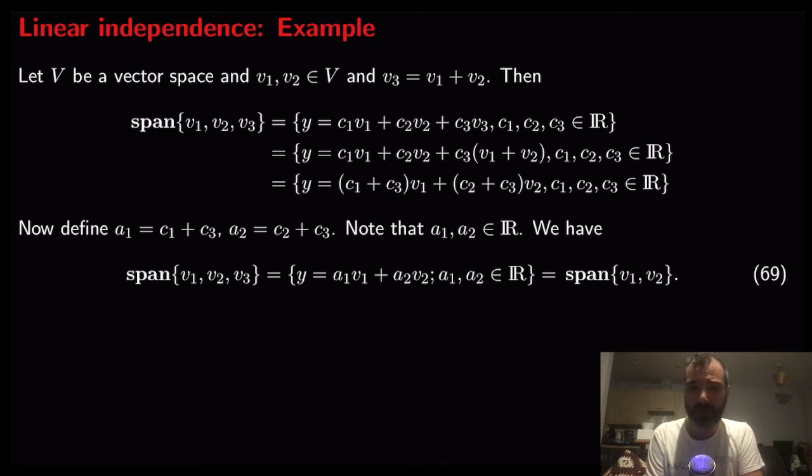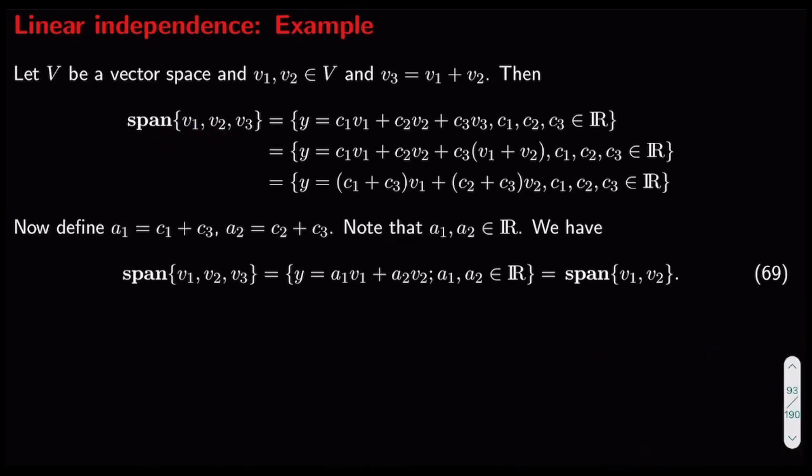So let's write out what the span of V1, V2, and V3 is. This span is the set of all linear combinations. So it is C1V1 plus C2V2 plus C3V3, where C1, C2 and C3 are numbers.